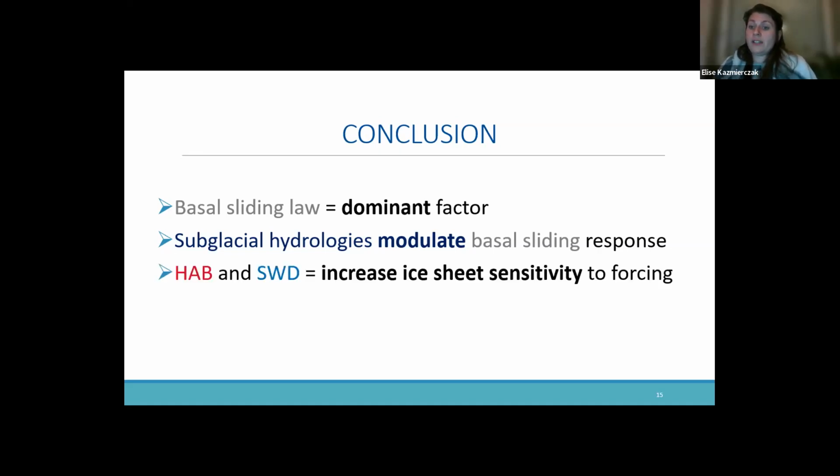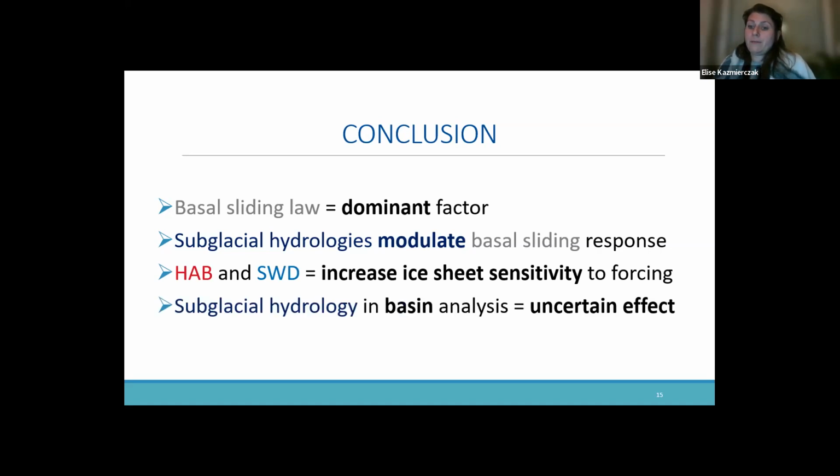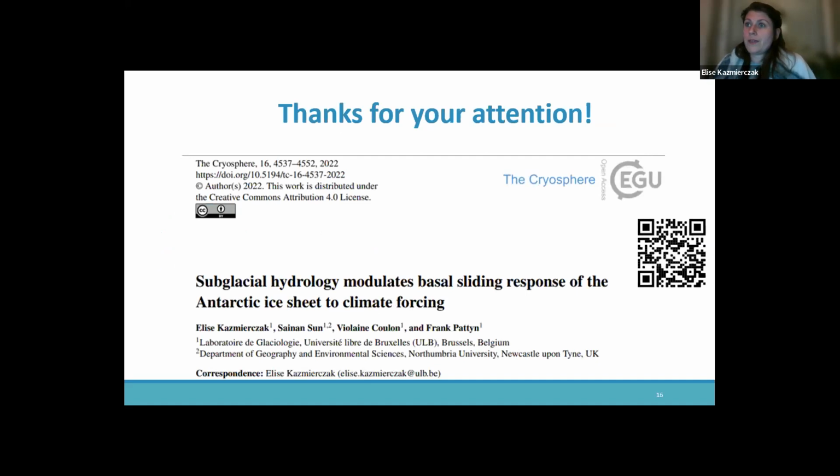Subglacial hydrological models that lead to low values of the effective pressure in the grounding zone, so HAB and SWD, increase ice sheet sensitivity to forcing, especially for extreme forcing scenarios. And this dependency is less clear in the realistic forcing scenarios. On a basin level, subglacial hydrology has a more uncertain effect on the response of the ice sheet to forcing from global climate models.